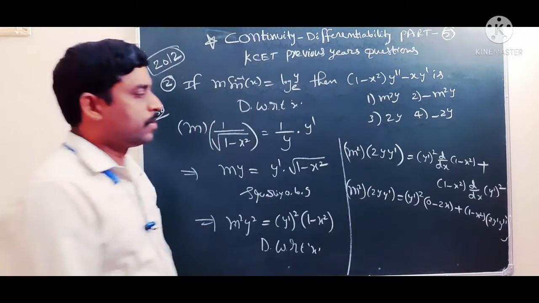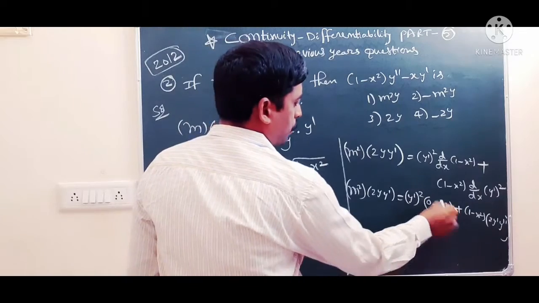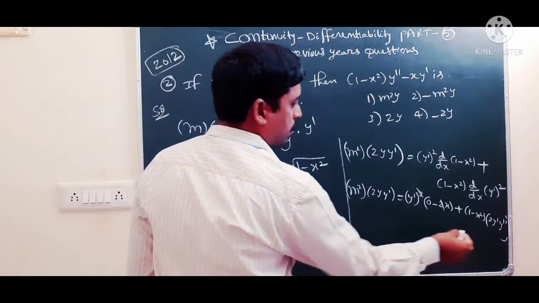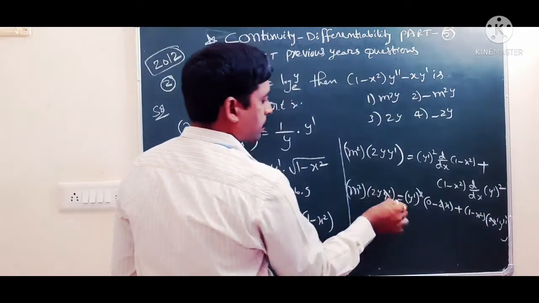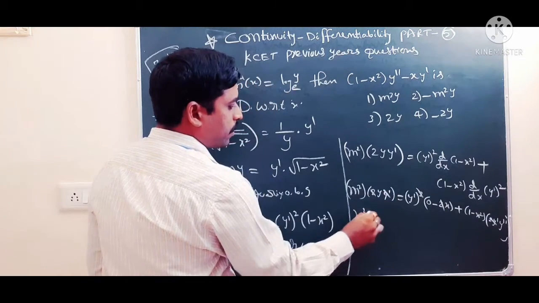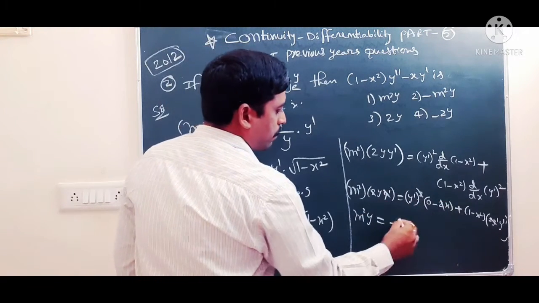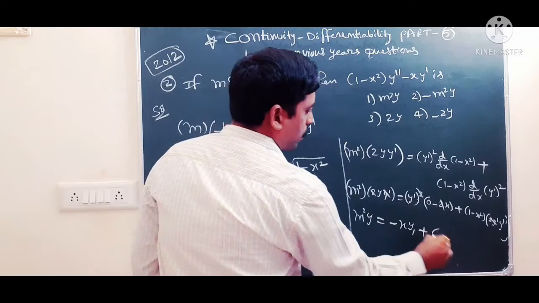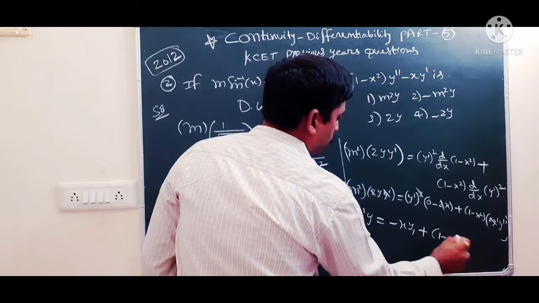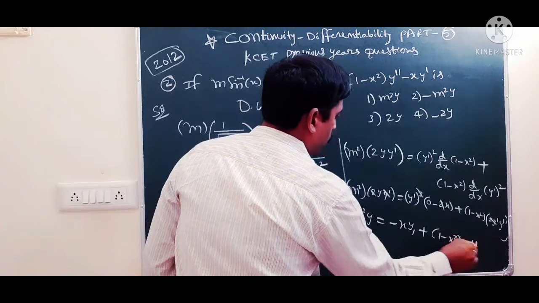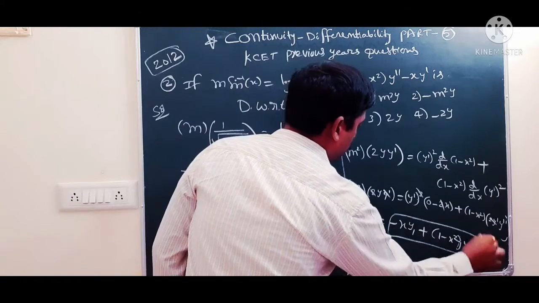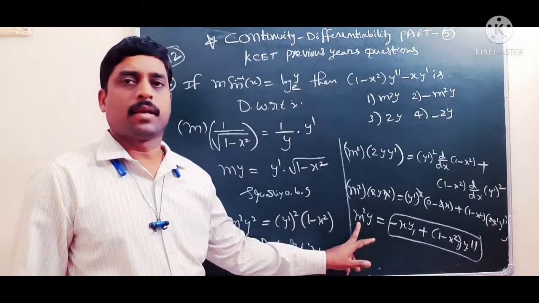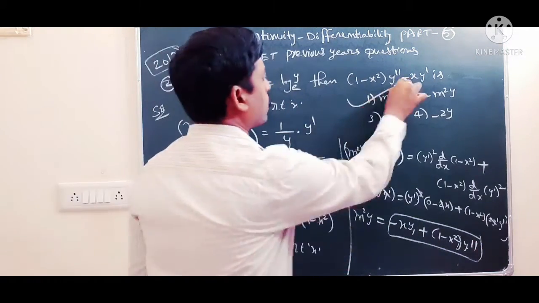On both sides 2y dash gets cancelled. Therefore m square y is equal to minus xy dash plus 1 minus x square into y double dash. This is required. So what is the answer? m square y. First option correct.